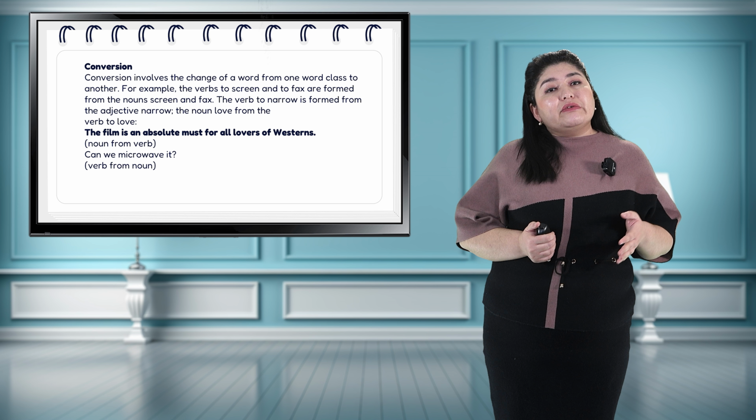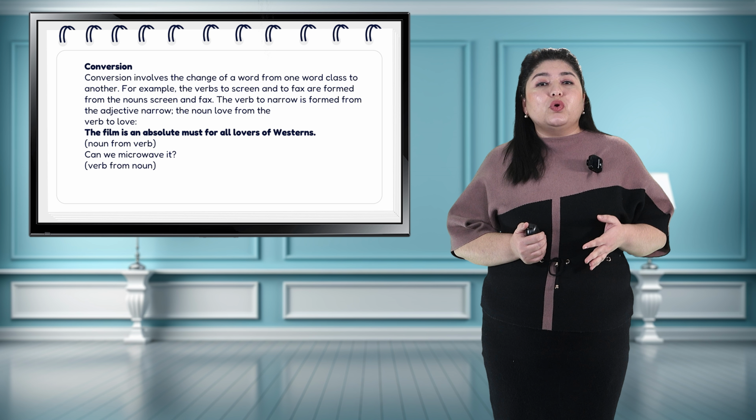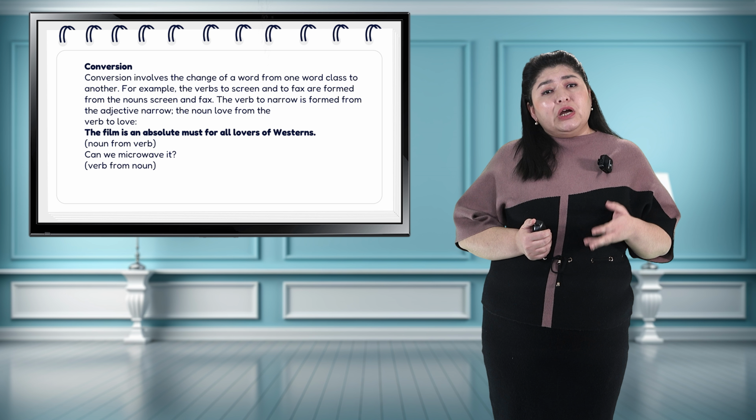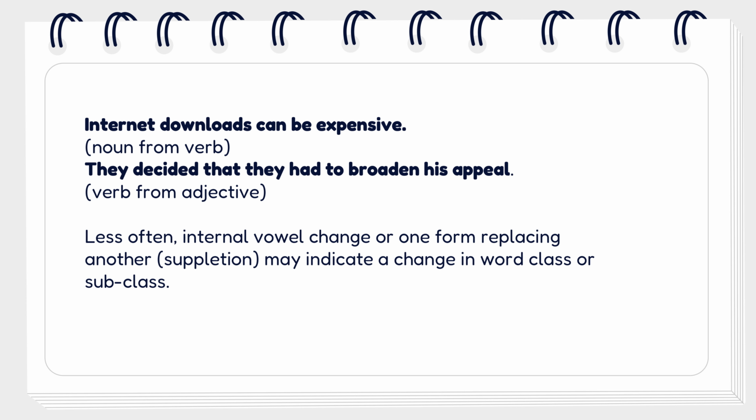Or, can we microwave it? Here the word microwave is now a verb from a noun. Or, internet downloads can be expensive, or they decided that they had to broaden his appeal. Here is a verb from an adjective, and so on.